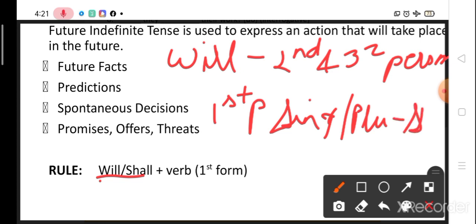Shall is used, but now shall is not used much and mostly will is used. So generally if you write will, it will be correct. Sometimes you may write shall and shall is used for only first person singular or plural subjects. Let us see a few examples.